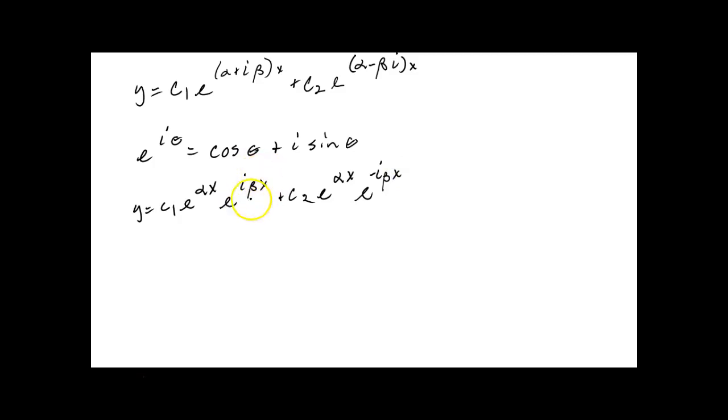Now, let's take this one. Sorry, which one are you looking at? Okay, no, I'm trying to fill in the blanks of what they skipped in the book. Oh. Yeah, this is how they get from here to there. Okay. Now, this would be y is equal to C1 e to the alpha x. No problem there. But this one right here, we're now going to write as, this is e to the I. Now, beta x is going to be theta.